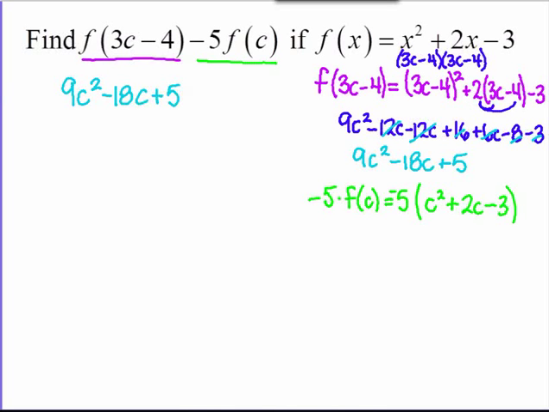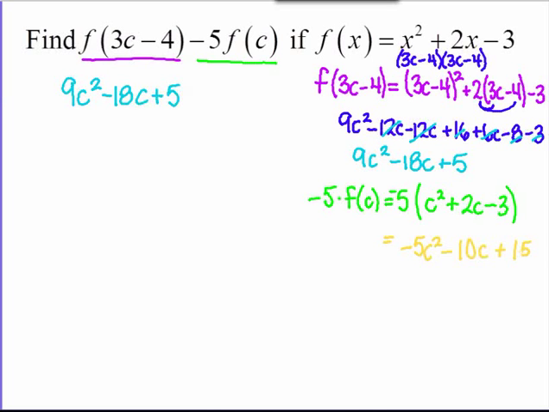So now I've got -5 times (c squared plus 2c minus 3). Okay, so what is -5 times that? -5c squared minus 10c plus 15. So now what I'm going to do is place that over here.